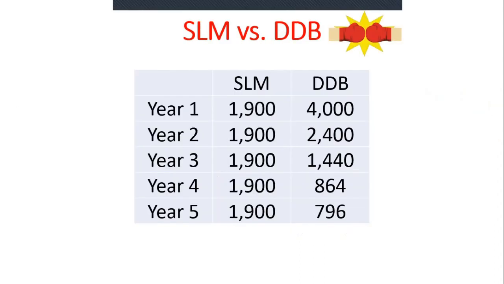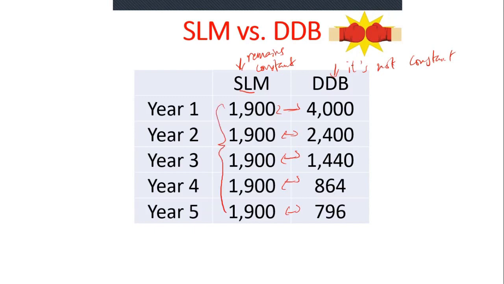The main difference between SLM and DDB, one of the differences, was that the depreciation under SLM remains constant, whereas in this case, it's not constant. It's not the same. The numbers are different. Whereas if we only talk about SLM, the depreciation expense is the same throughout the years. So in the double declining method, the depreciation expense in initial years is more compared to SLM.